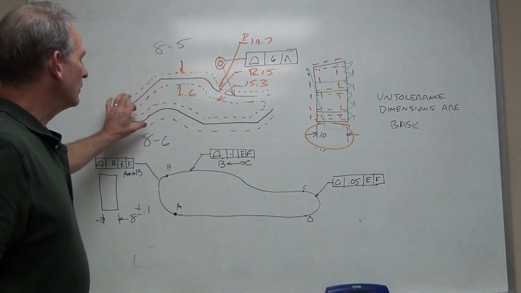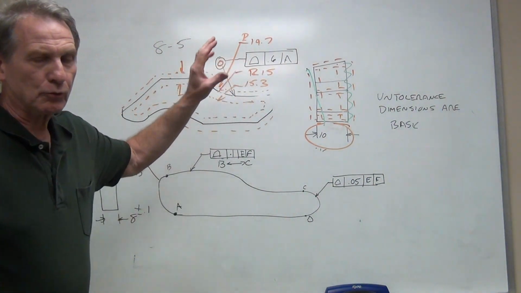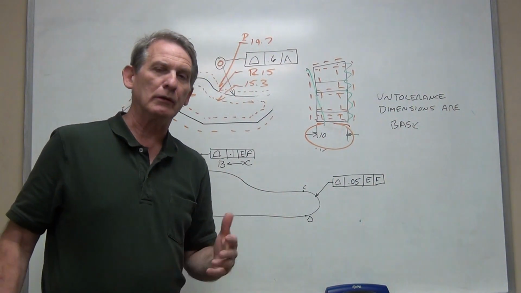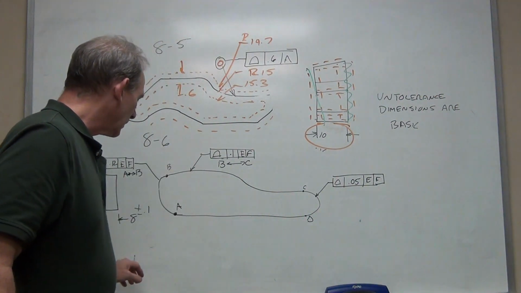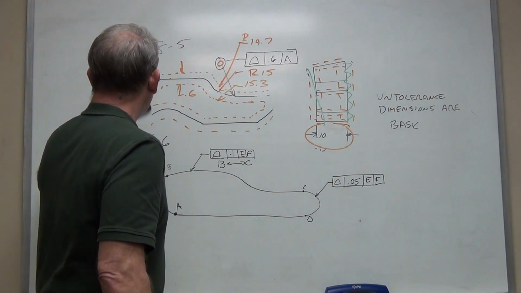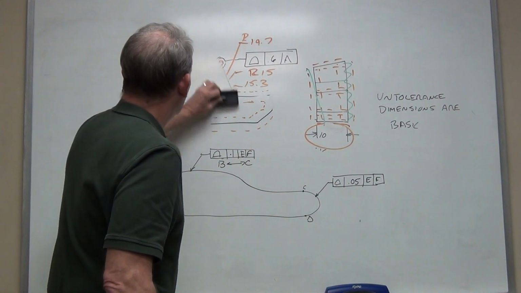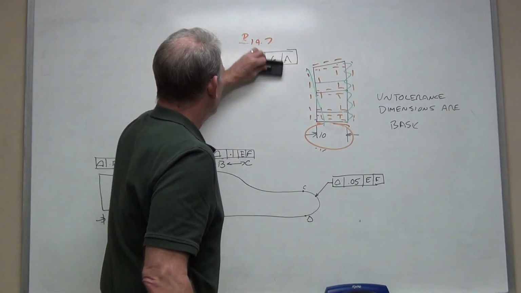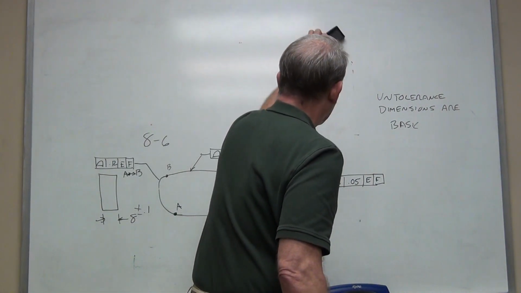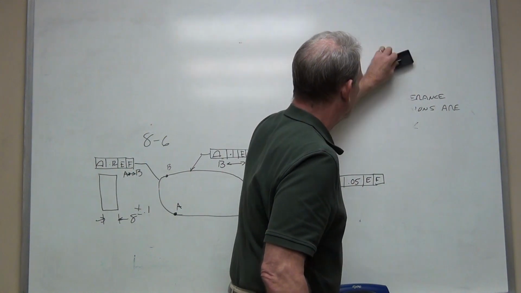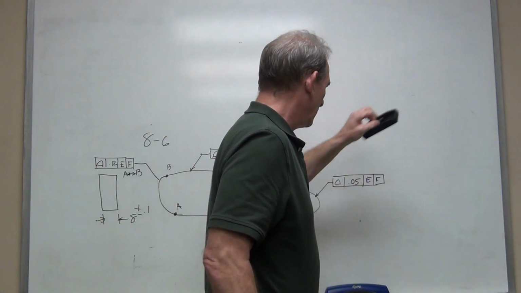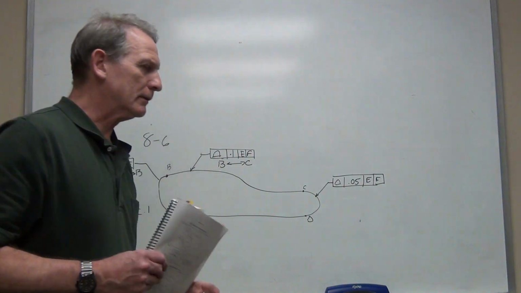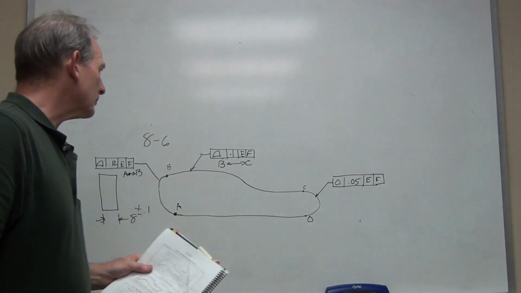If you don't at least envision, if not draw, that tolerance zone, you really don't know what it looks like. That said, I don't know that I've ever seen that approach used very much, and I think because it can lead to some problems.